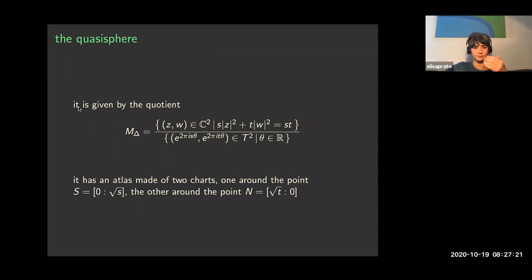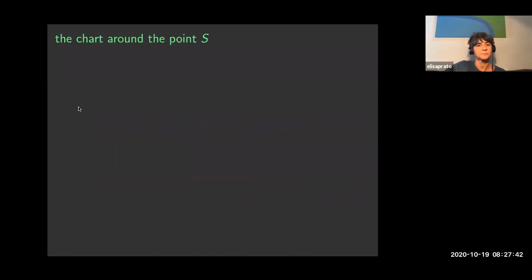It's really like the ordinary sphere, so we have a south pole and a north pole. The south pole is the point (0, square root of s), so the class corresponding to this point, and the class of (square root of t, 0) is the north pole.